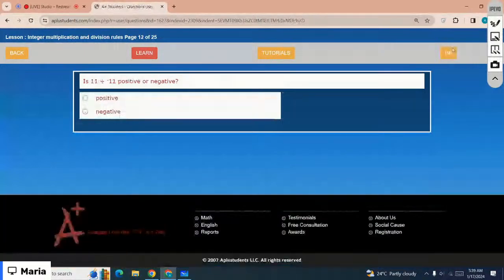Okay, is 11 divided by negative 11 positive or negative?